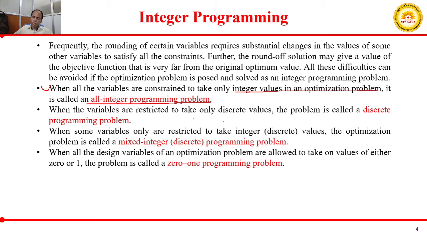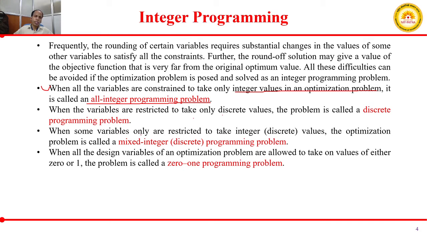Discrete means the values may be like I told in the previous slide, such as the diameter of a heat exchanger in increments of 1 by 8 inches, or it may be 3, 6, 9, something like that. So these kind of optimization problems are called discrete optimization problems.